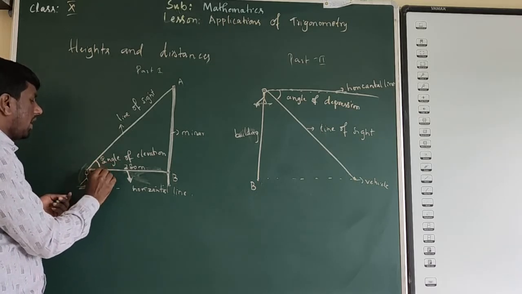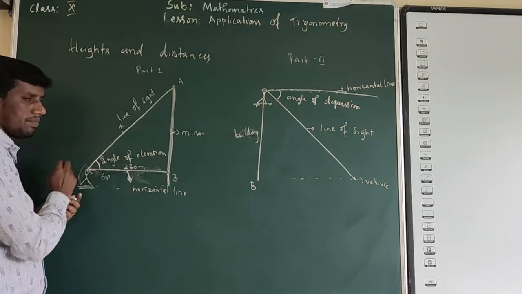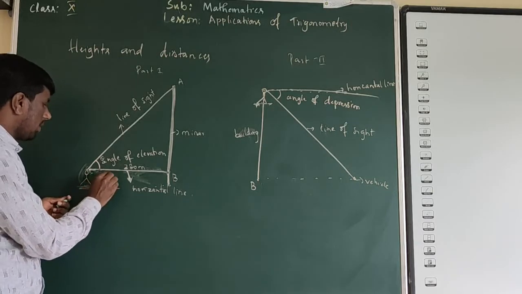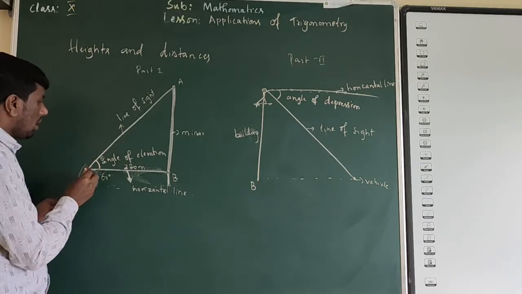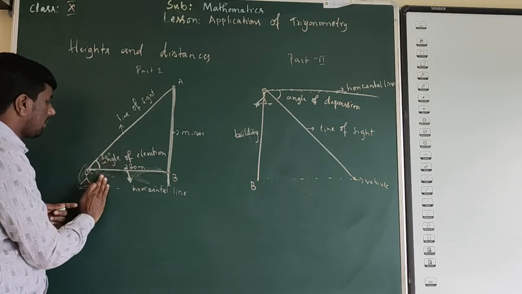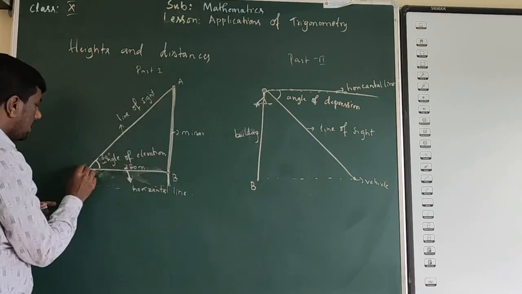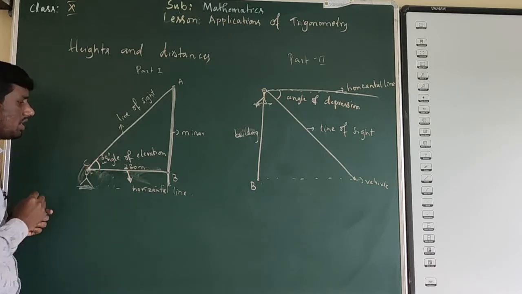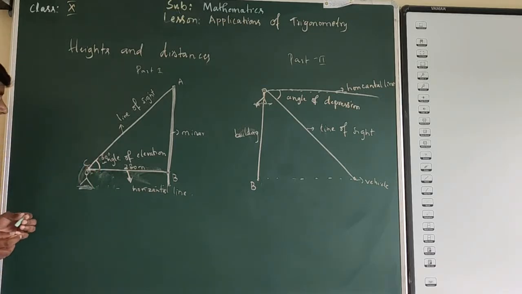Let me take that angle as maybe 60 degrees. Okay, then I know that the angle is 60 degrees. The angle is ABC, with C as an observer, right?